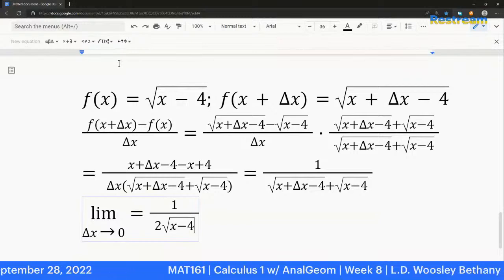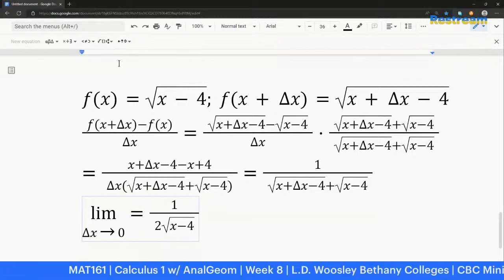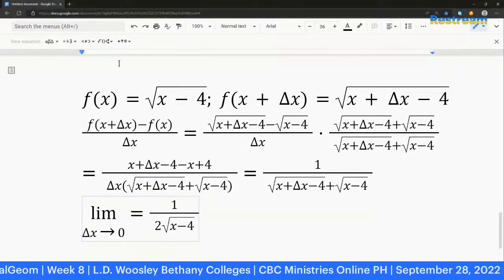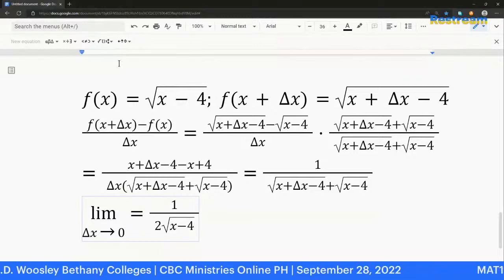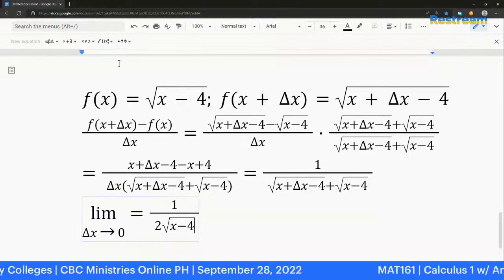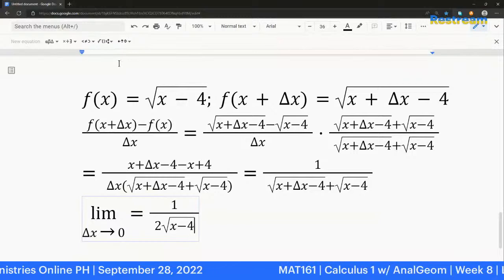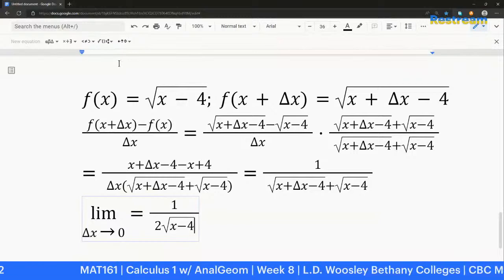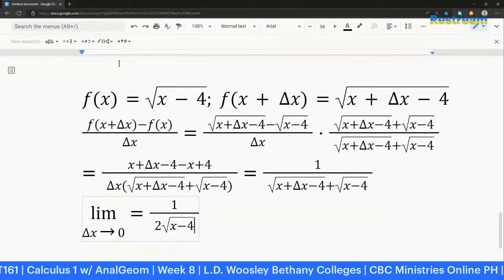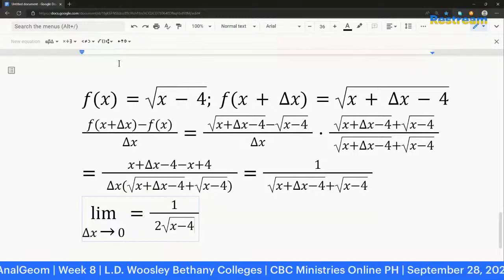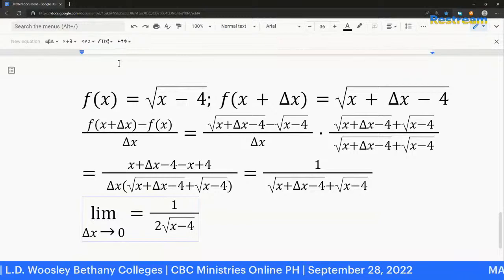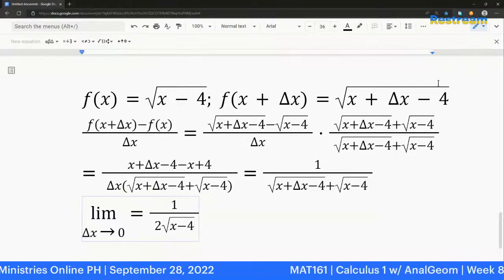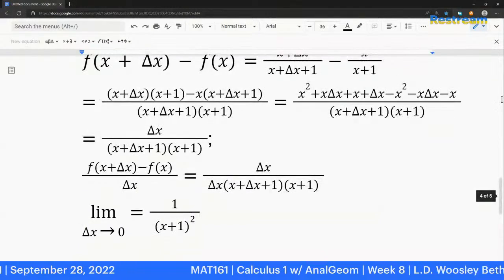Whether you use rationalization of denominator or, for this case, we rationalize the numerator, okay, the final answer would be 1 all over 2 square root of x minus 4. In fact, that's the derivative of square root of x minus 4. Same is true with the other examples that we have.